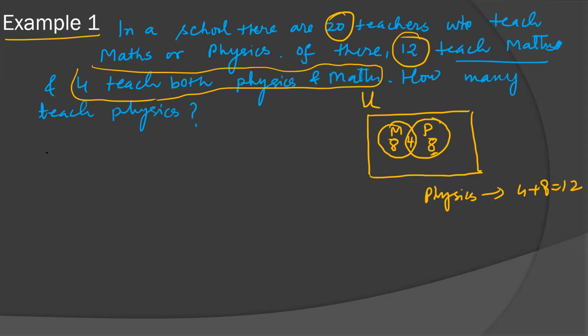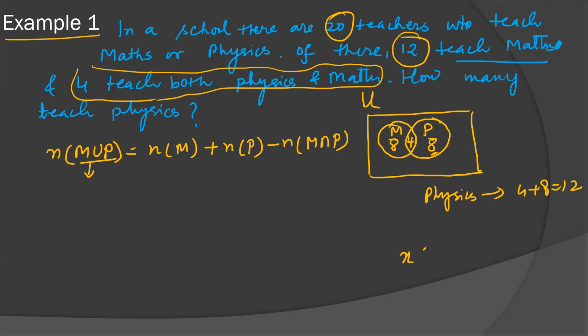But by the formula, suppose this is your math and this is your physics. Then the number of elements in math union physics is the number of elements in math plus the number of elements in physics minus the number of elements in math intersection physics. Union means teaching math or physics. I told you the definition: if any element belongs to M union P, math or physics, the definition is X belongs to M or X belongs to P. It means teaching math or teaching physics.